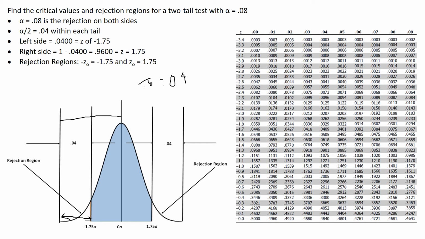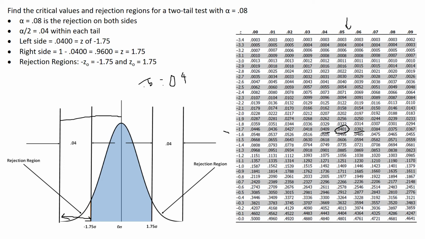So let's look up where 0.04 is. And the closest is here's 0.0401. Next higher one's 0.0409. That's higher than this. This is 0.0392. That's lower than. So 0.0401 is the closest, and that gives me negative 1.75.